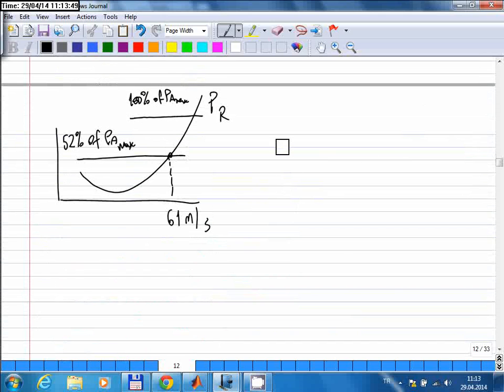When the pilot does that and the aircraft is still flying at this speed, now the difference between the two is the excess power. Okay, let me show it with red color. So this is PA minus PR, and that is equal to the excess power.